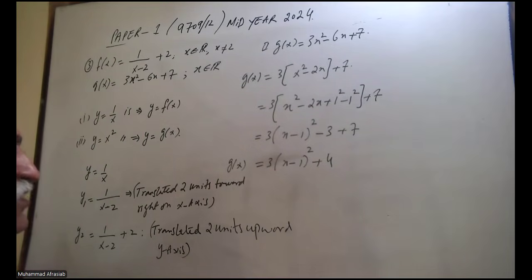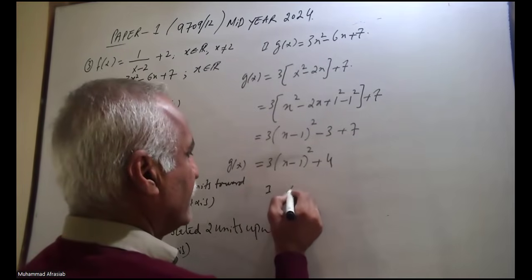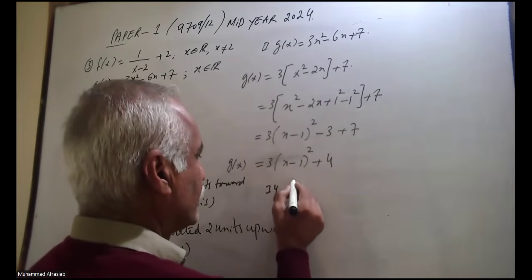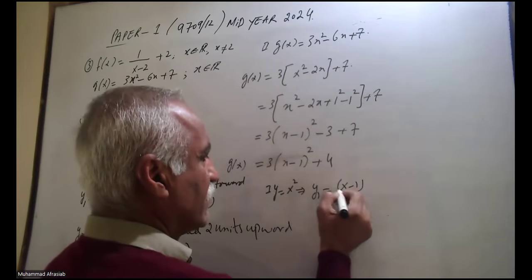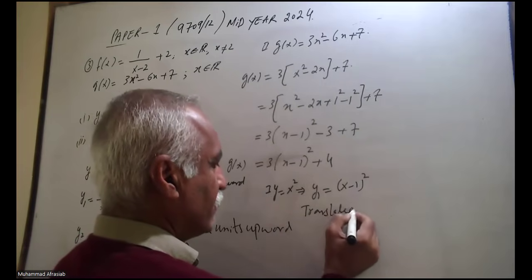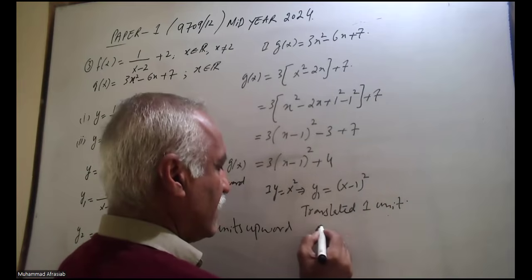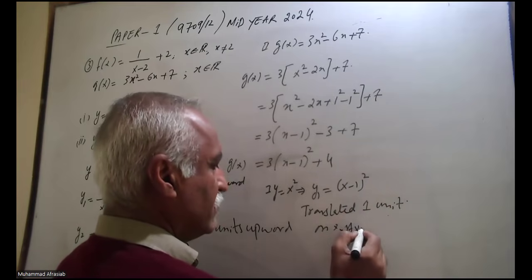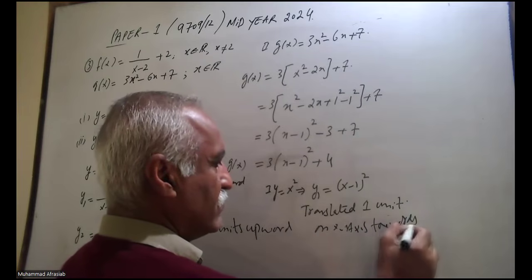So there are three properties used in this part. First, it is y is equal to x square. Now, y1 is equal to x minus 1 square. It means it is translated 1 unit on the x-axis towards right.